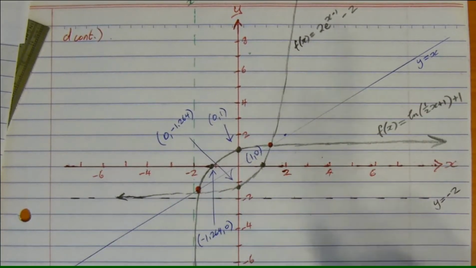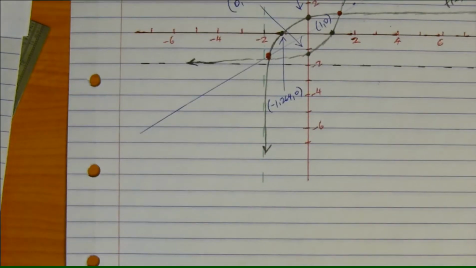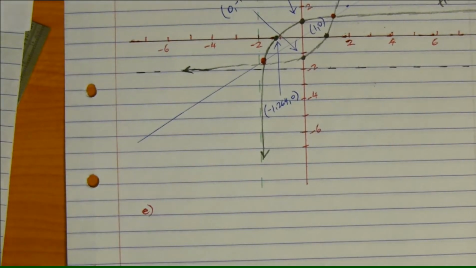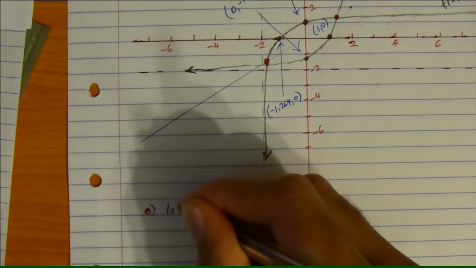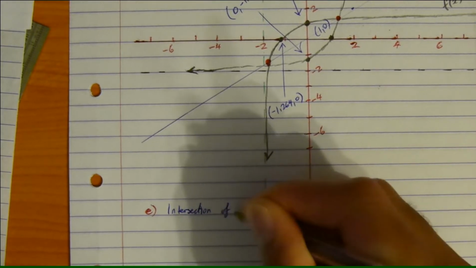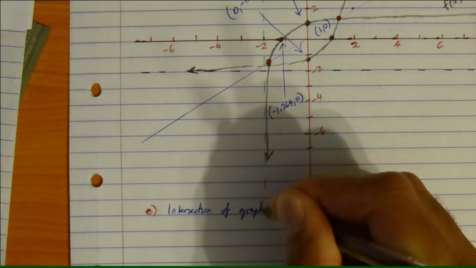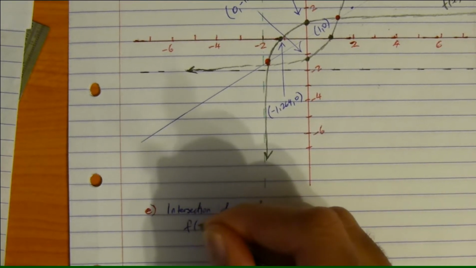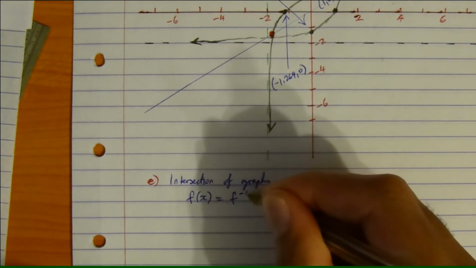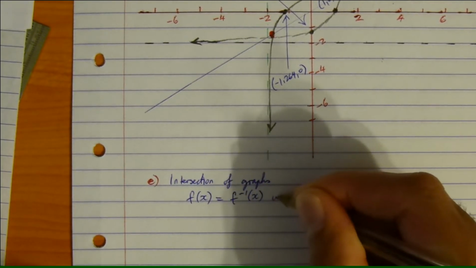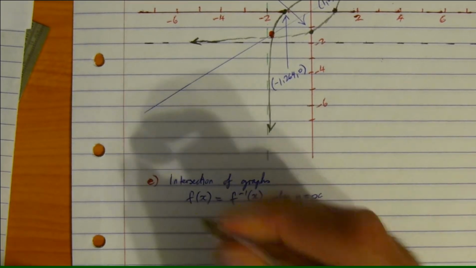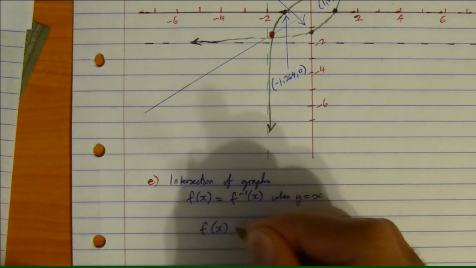So to solve, the easier way to solve for part E, intersection of graphs, the original graph equals its inverse when y equals x. So I'm essentially solving f of x is equal to x.